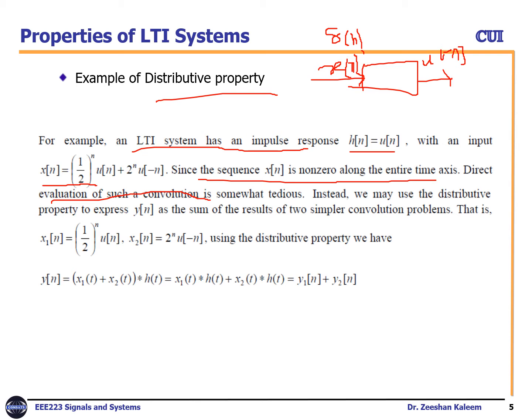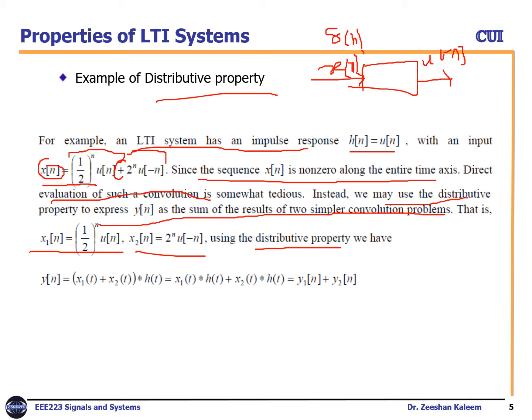Instead, we may use the distributive property to express y[n] as the sum of the results of two simple convolution problems. If you have only one x[n] and you want to convolve it, this becomes difficult because of the addition and the number of terms. Now you can break it into two parts, x1[n] and x2[n], using the distributive property.